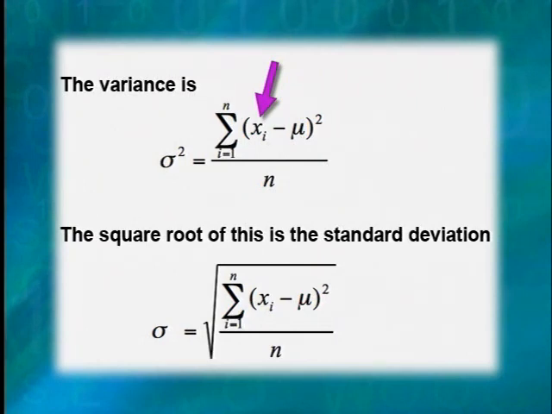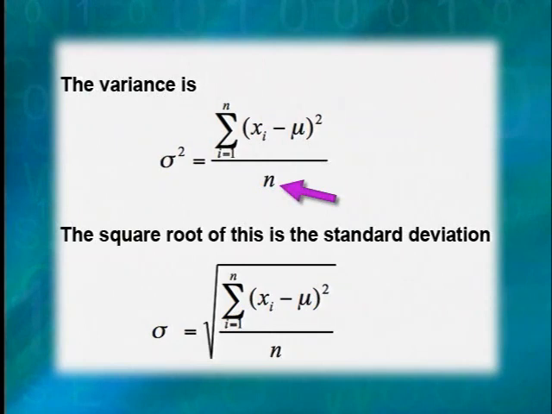So for example, for salary, for each salary you take the difference between the salary and the mean salary, and then square it. You square the difference from the mean, add up all of those squared differences, and then take the mean of those, that is, divide by n.